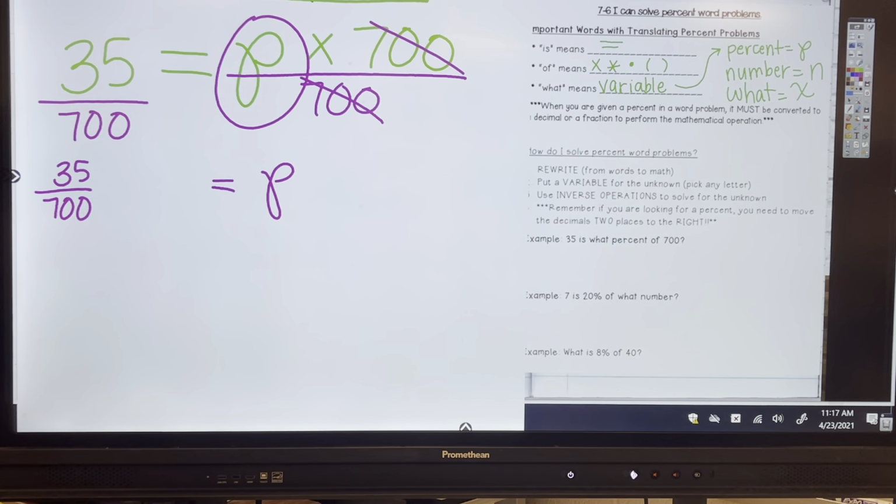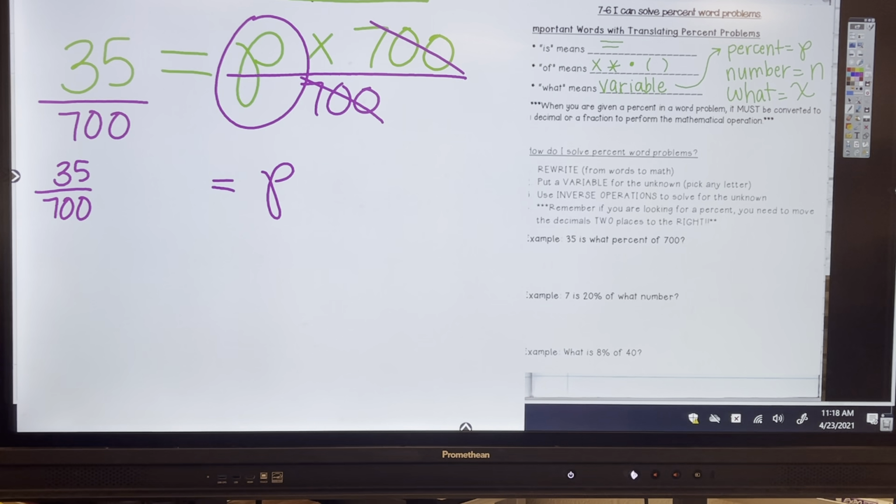And I want to talk about this for just a second. 35 over 700. We know that if we want a percent, what do we want in the bottom? A 100, okay? Can I change 700 to 100? Yes. What do I divide by? 7, okay? 700 divided by 7 would give me 100.